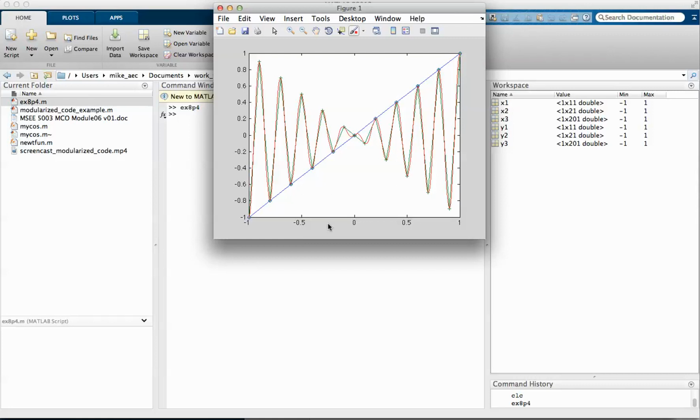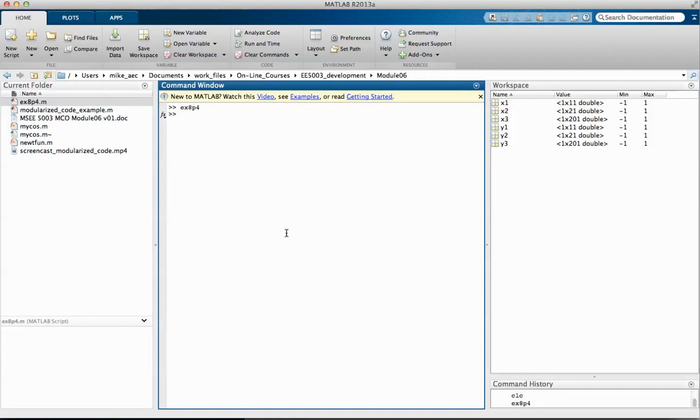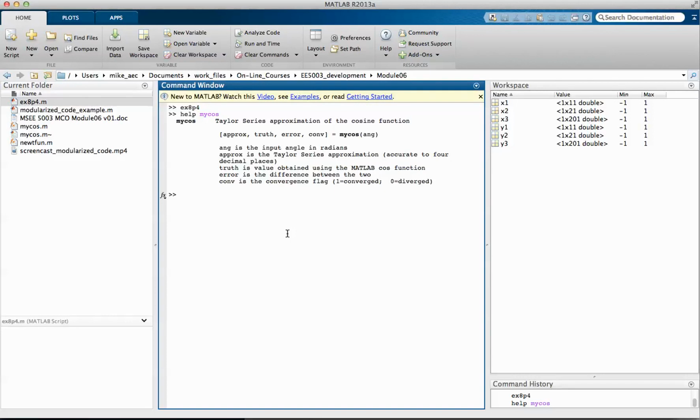You will get some points deducted if you don't try to do this and succeed in doing this with a vectorized form. All right, and then the last part of the assignment has to do with an approximation to the cosine. Let me do help my cosine so we can see what the help function brings up on this user-defined function M file.